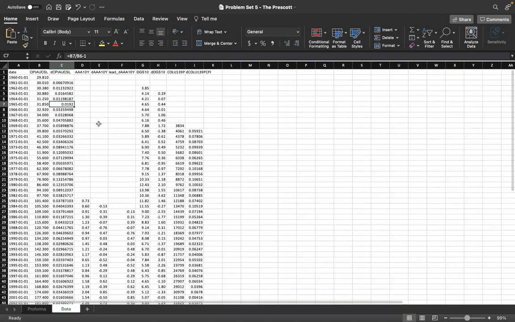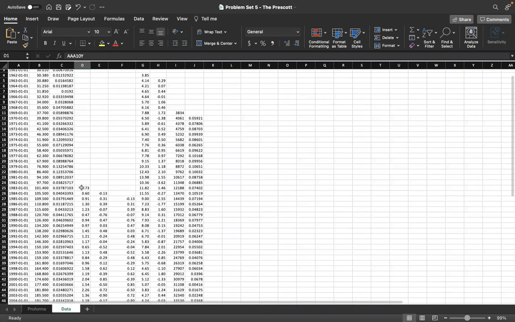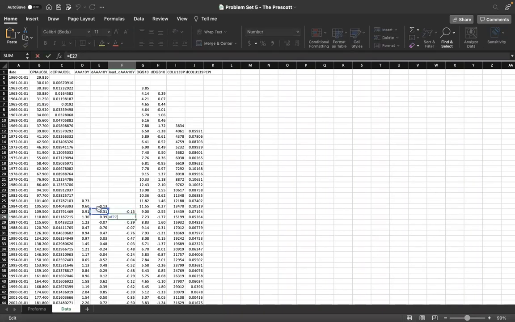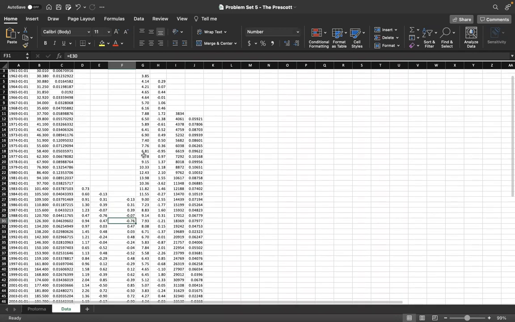Okay, so let's keep going. The AAA is directly from FRED, which starts from 1983. Still, this is the change in AAA 10-year. It's just a simple change. And this is a lag change, which just equals the year before. Either is fine, it doesn't matter.